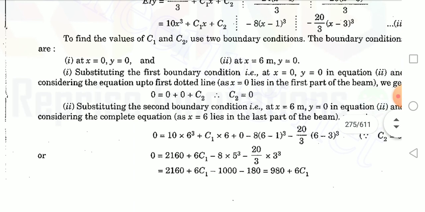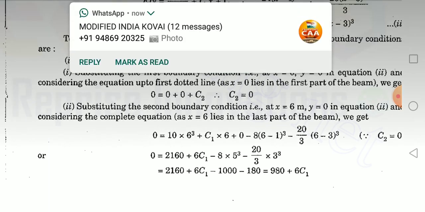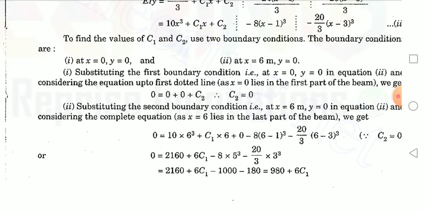So we can simplify. 0 equal to 10 into 6 cube, that is 2160, plus C1 into 6, that is 6C1, minus 8 into 5 cube, that is 1000, minus 20 by 3 into 3 cube, that is 180.